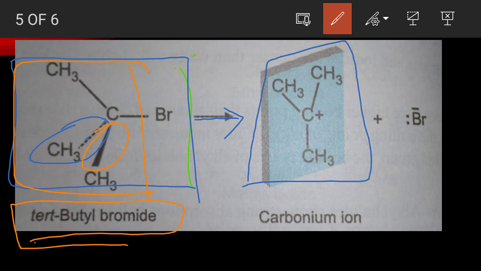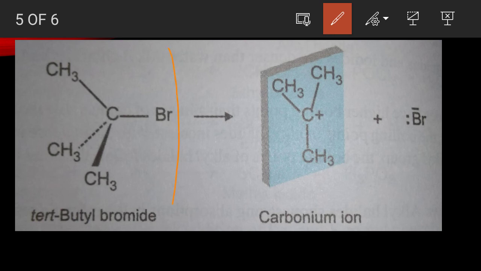In the first step of the nucleophilic substitution reaction, this compound will become planar. The bond breaks and this carbon atom will become an sp2 hybridized carbon atom. Because of the sp2 hybridization of the central positively charged carbon atom, this structure will become planar.